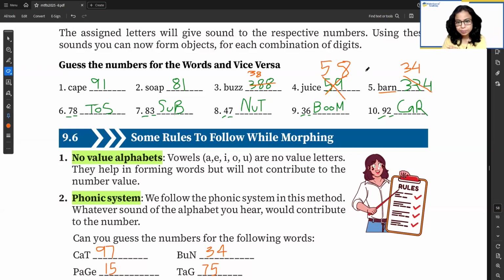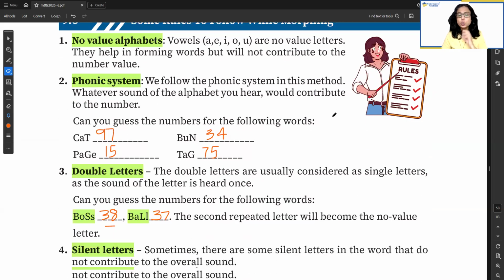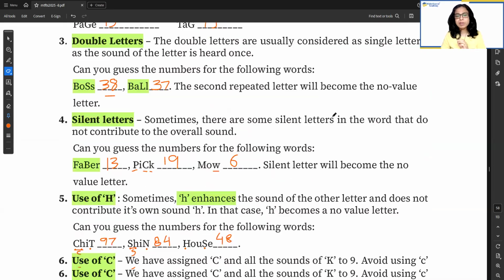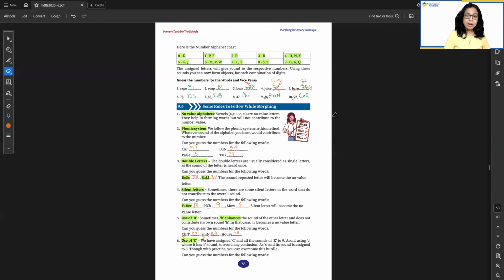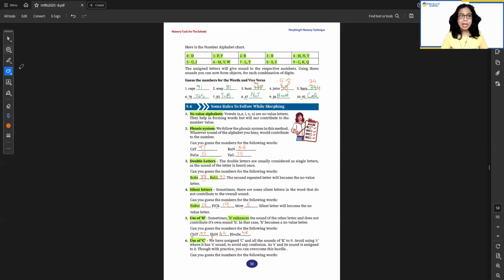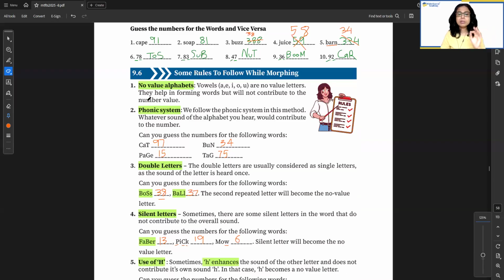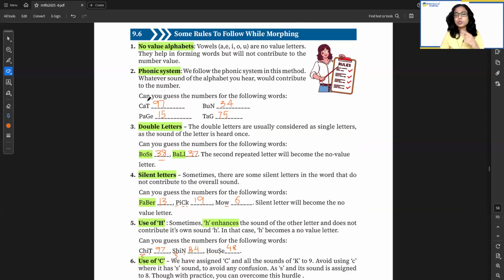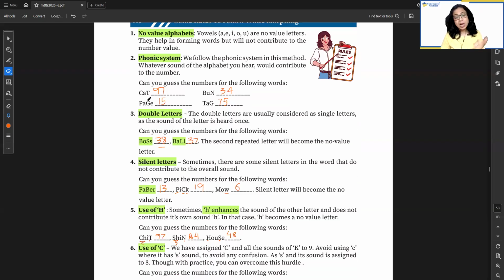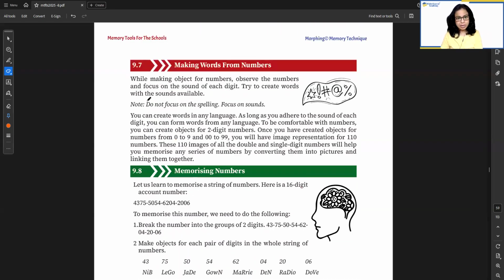Okay, so those are the rules which we need to follow while we are making objects. Another very helpful tip that will help you to make objects is to play with the sounds, not the spelling. These were certain rules using which we are going to form objects for the numbers. How to do that, we'll see in the next part.